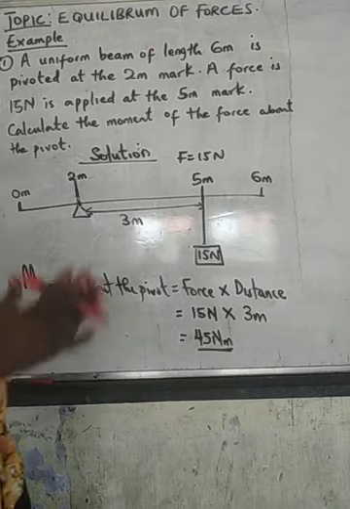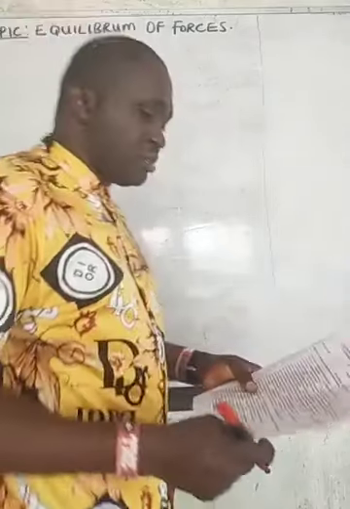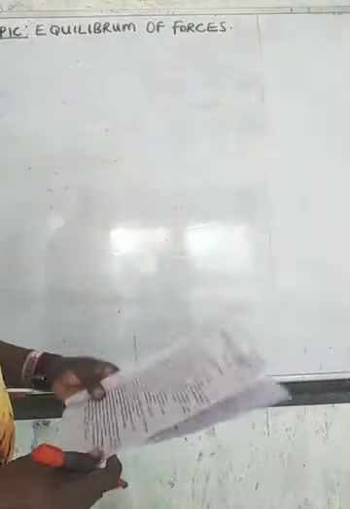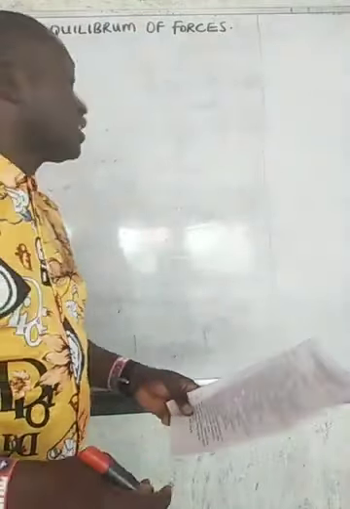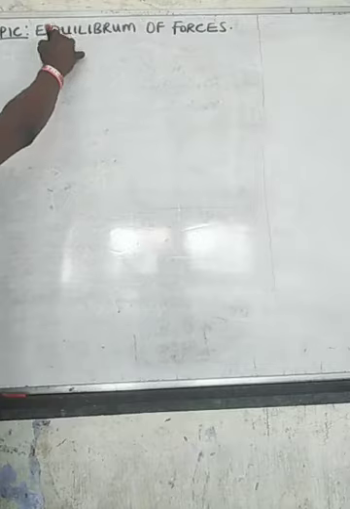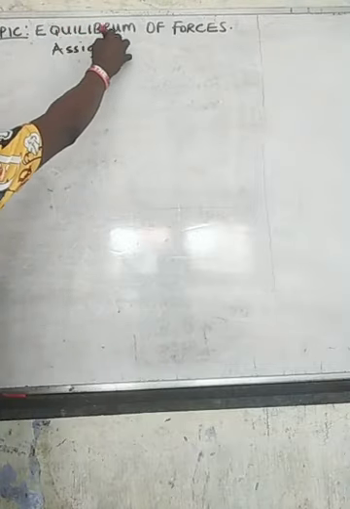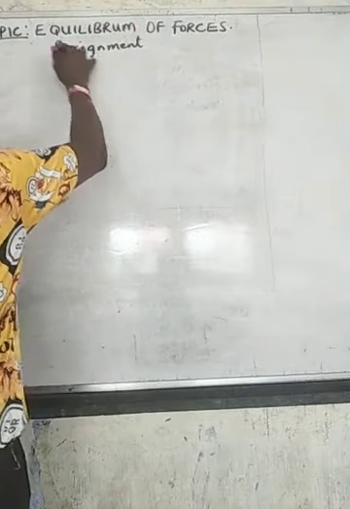So if there's any question, now let's look at an assignment. Let me give you some questions so you can attempt them. Now looking at this assignment, which is very, very similar to what we have just attempted.